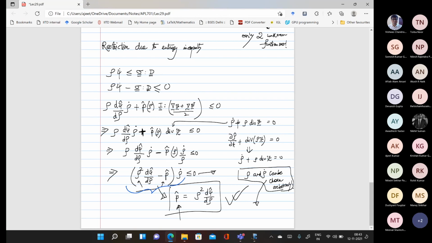Likewise, suppose the thing inside the bracket is positive. Then you can think of a process in which rho dot is also positive, and the whole thing becomes positive again, which violates this inequality. So the only way this inequality can be satisfied where rho dot is arbitrary is that the thing inside the bracket must be 0. Okay. Yes.